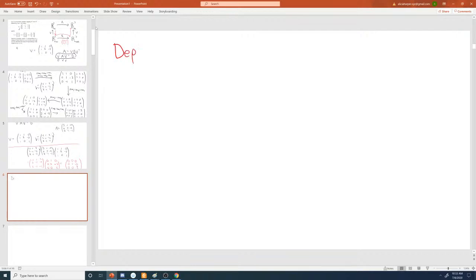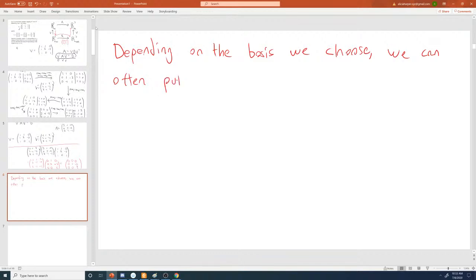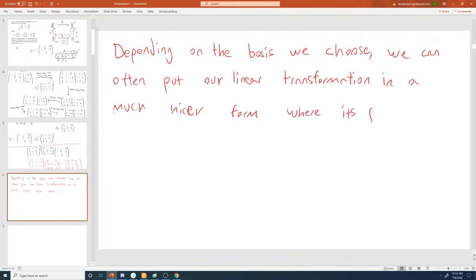Depending on the basis we choose, we can often put our linear transformation in a much nicer form, where its properties are easily observable.